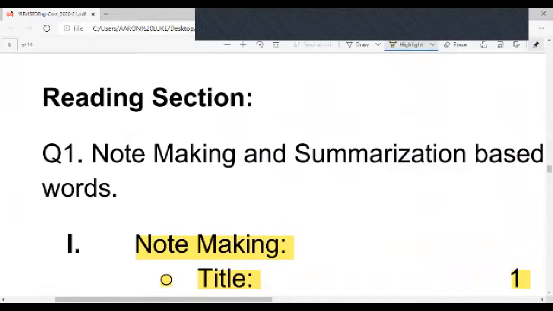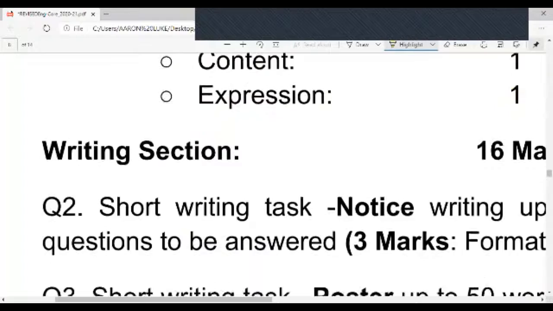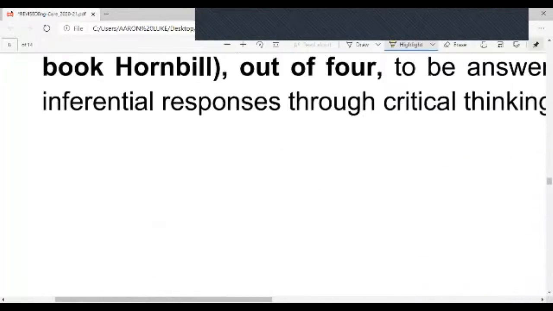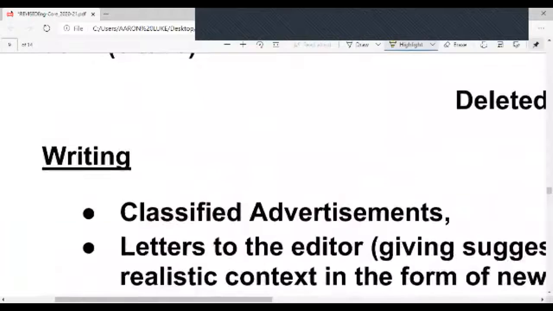Please write it in your English classwork. This will be asked for internal assessments later. Anybody have any doubts?